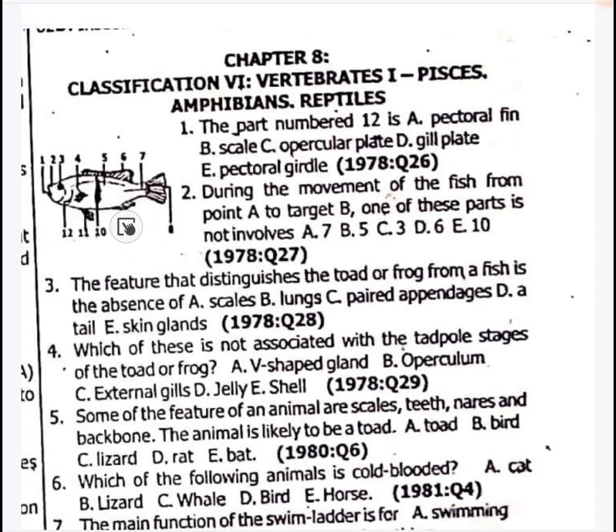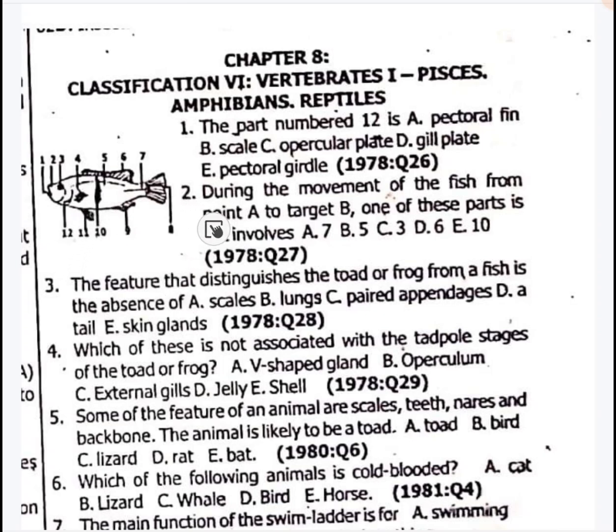The eighth part is called the caudal fin. The ninth part is called the anal fin. The 10th part is called the scales. The 11th part is called the pelvic fin, and the 12th part is called the operculum.